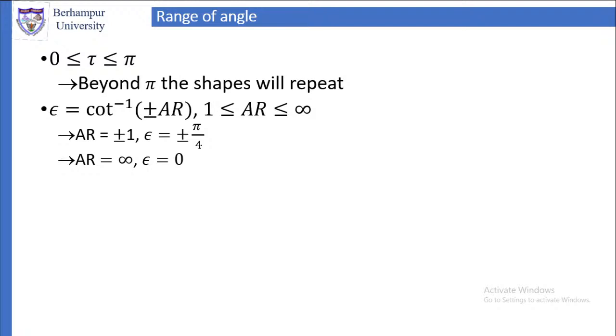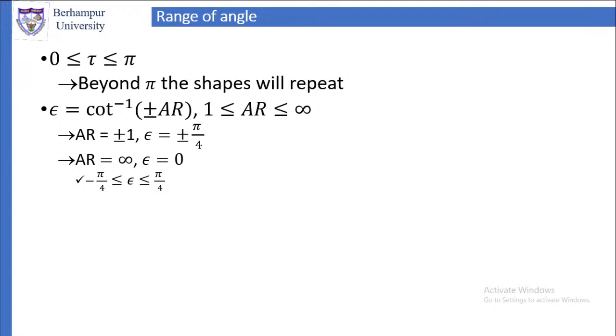And these two are the limits. So 0 remains between plus pi by 4 to minus pi by 4. Therefore, the limit on epsilon is from minus pi by 4 less than equal to epsilon less than equal to pi by 4. So the two limits we have found out.